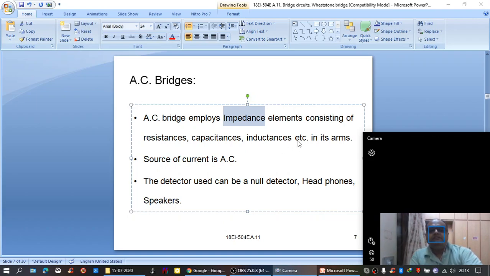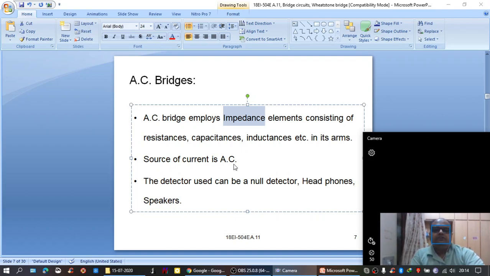So depending upon the frequency, the inductive impedance will change. Similarly, depending upon the frequency, the capacitive reactance will change. Capacitive reactance is given by the expression 1 by j omega C, where omega is the angular frequency, equal to 2 pi f.